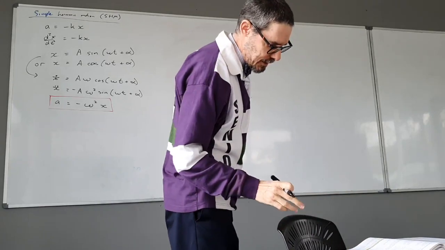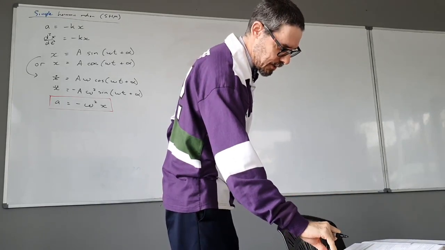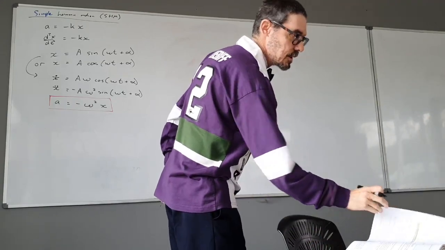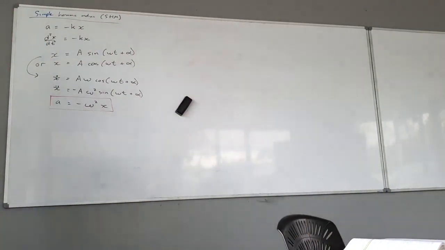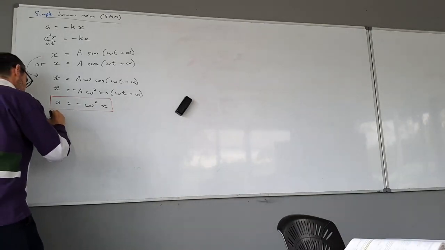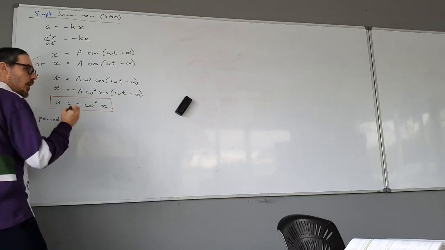There are some words you need to know, but you probably already know them. Period, amplitude, you know those kinds of words. Be careful though, period in particular, we are talking in time.